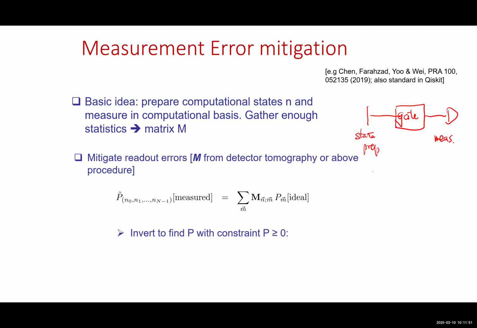So for the measurement error, ideal measurement is implemented by the projectors. So this is ideal measurement, right?